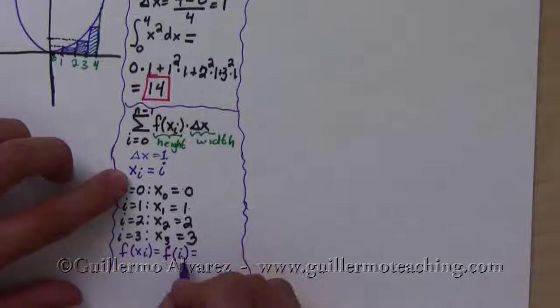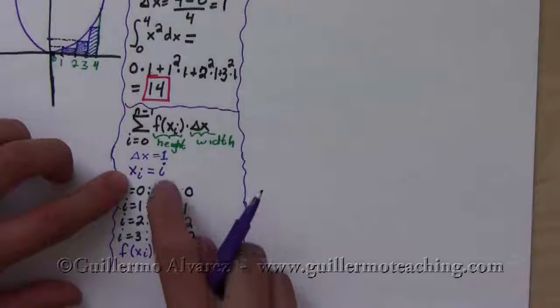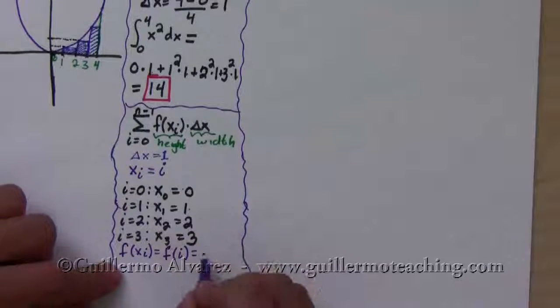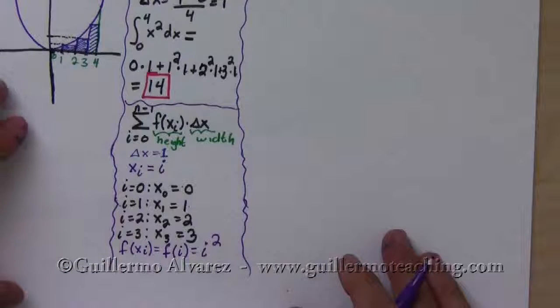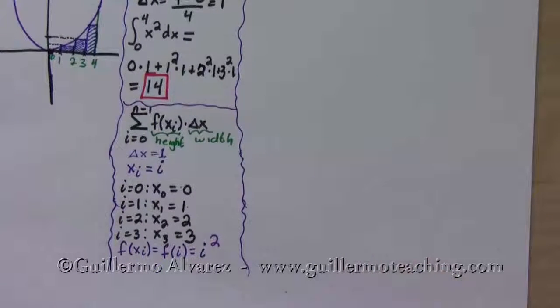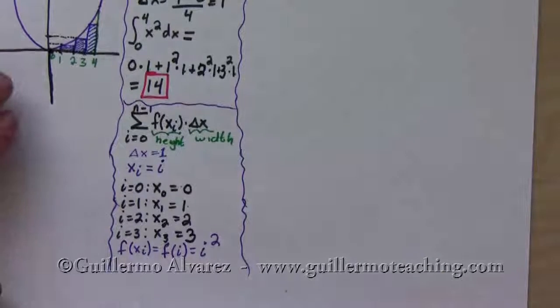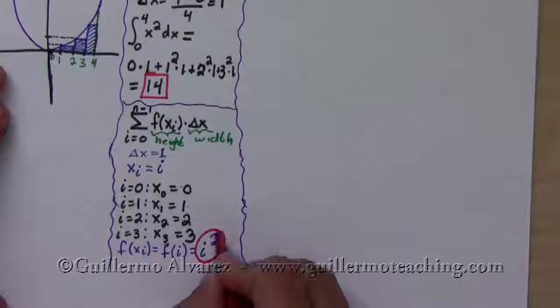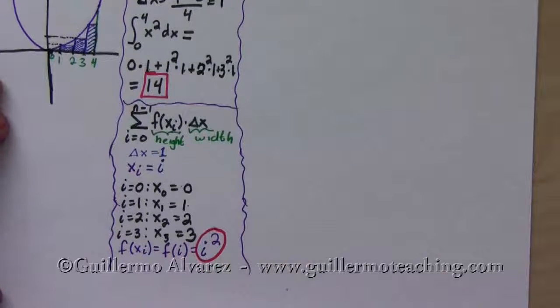And f of i, well, the function is x squared, right? So f of x sub i is just going to be i squared. This is really the key that I wanted to figure out: an expression for f of x sub i in terms of i.